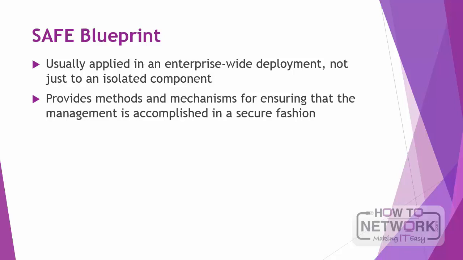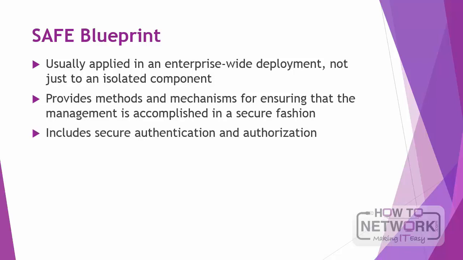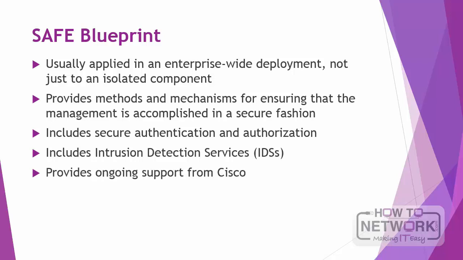It includes secure authentication and authorization with strong encryption and digital signing techniques, including public key infrastructure, PKI. It also includes intrusion detection services for critical resources and networks. The SAFE blueprint provides ongoing support from Cisco for all the emerging technologies it provides.